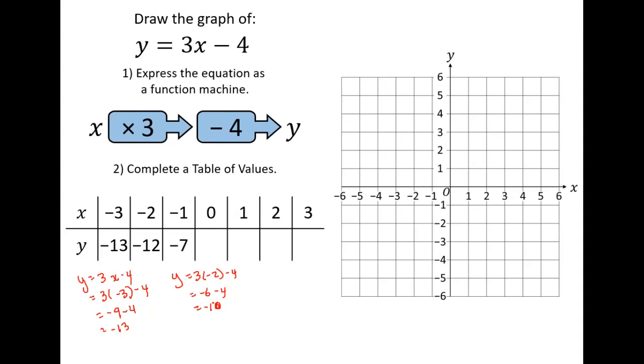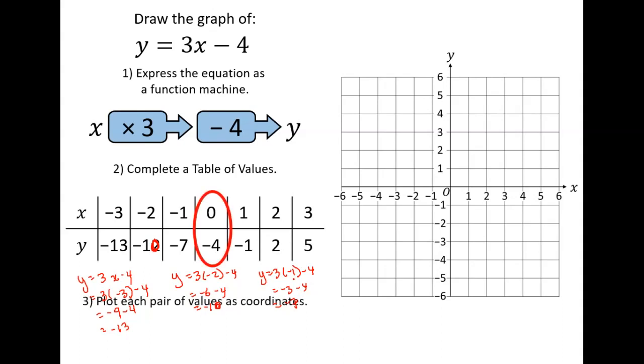I think that might have just been an accident. This should be a negative 10. Let's try negative 1 to verify. 3 times negative 1 minus 4 is negative 3 minus 4. That one is negative 7, so that's right. 0 will be negative 4, and then 3 times 1 is 3, minus 4 is negative 1. Okay, those look good.